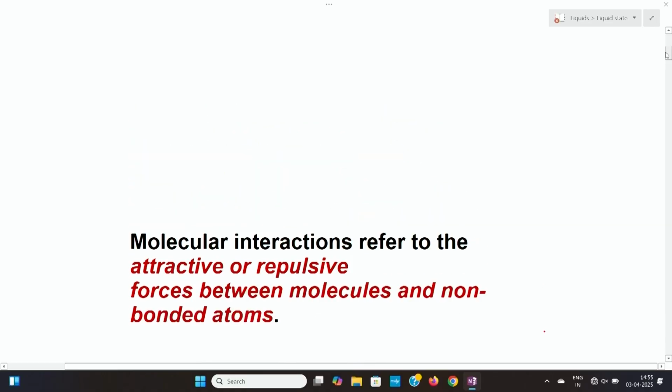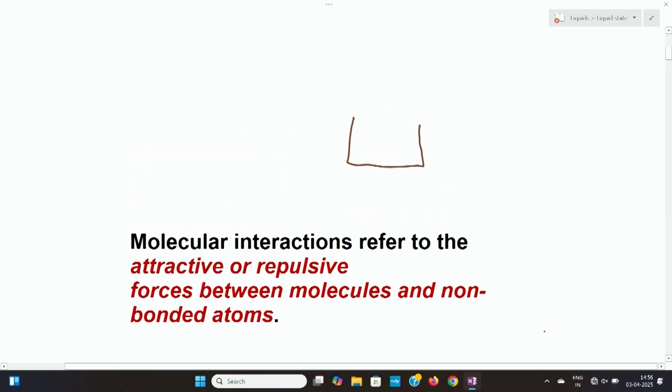We know that molecules in liquids are not arranged very closely. There is some empty space between the molecules. Because of this empty space, there are some interactions between them.